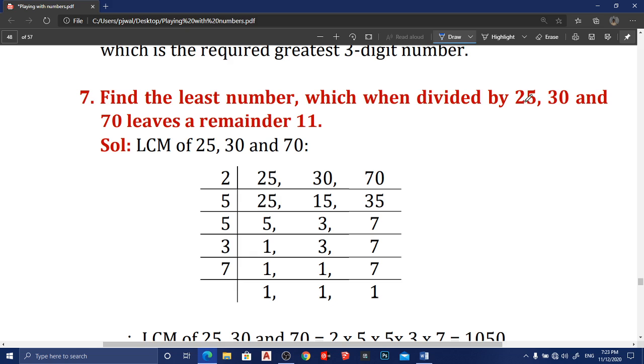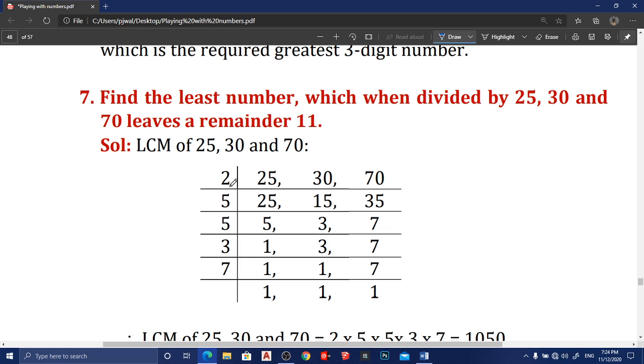So first you have to find the LCM. If you divide that LCM by all these three numbers, it leaves remainder 0, so if you add the 11 to that LCM, you will get the required number.